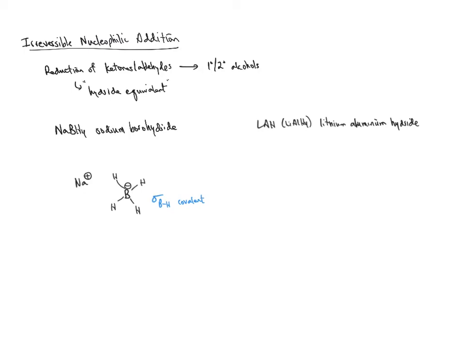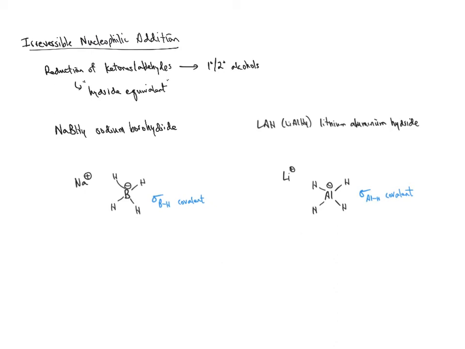In the case of lithium aluminum hydride, lithium is going to be positively charged. Our aluminum is going to be negatively charged, and again we have 4 hydrogens spanning the aluminum. And of course, this means that the sigma aluminum-hydride bond is covalent, and it's going to be the thing that is nucleophilic.